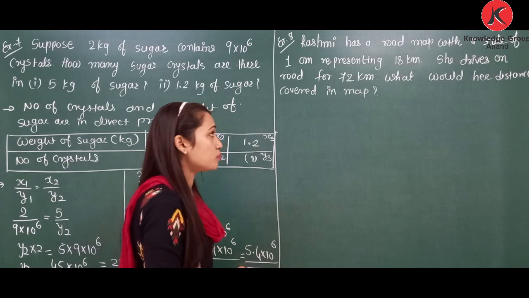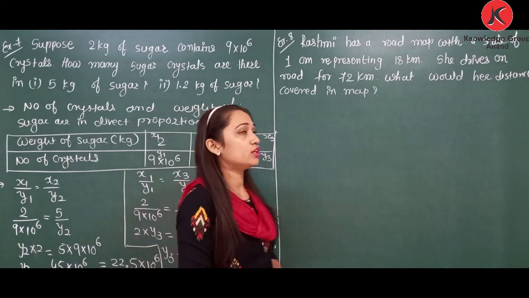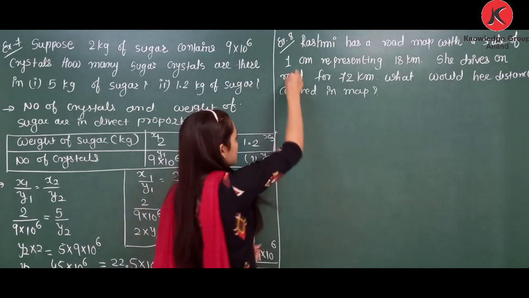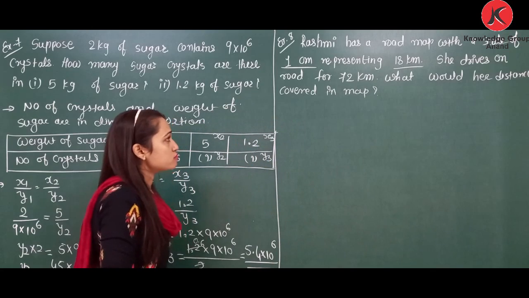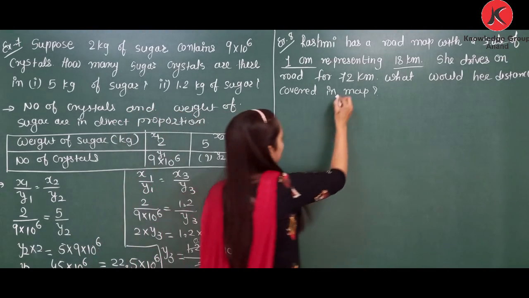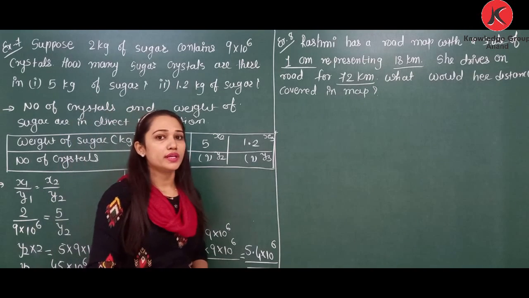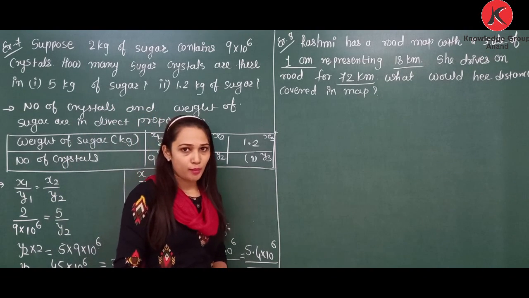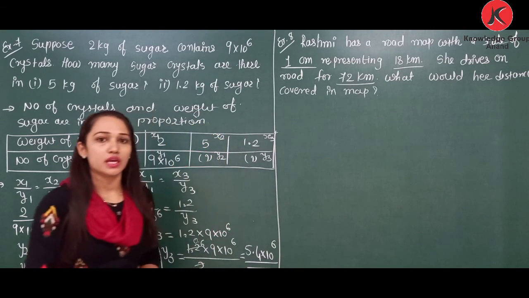Rashmi has a road map with a scale of 1 cm representing 18 km. So first, the scale is given: 1 cm means 18 km. She drives on a road for 72 km. What would be her distance covered on the map? On a map the scale is 1 cm is 18 km.